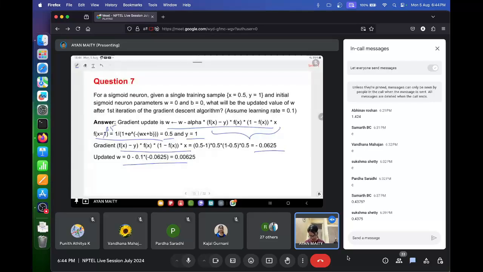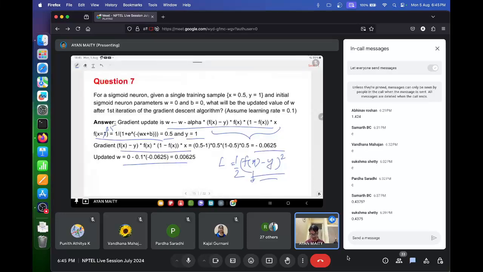So L, the loss function, is (f(x) minus y) square, half of that. Half is taken just to cancel out this 2 from the power term. So this is the loss function, where f(x) is the output of the sigmoid function.